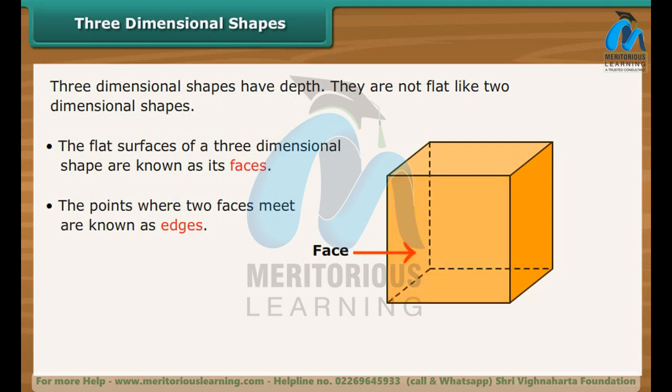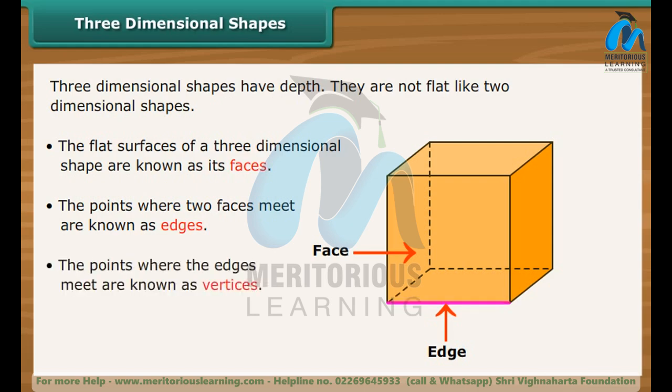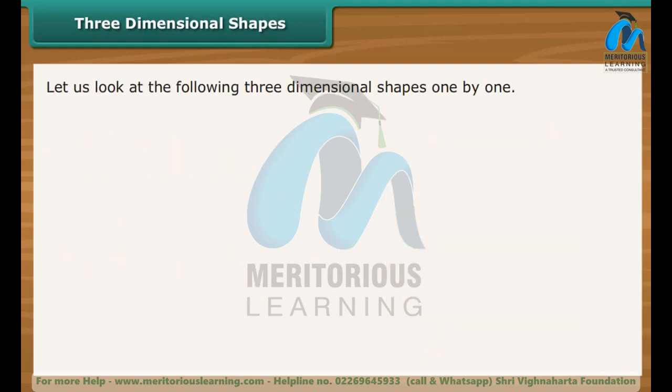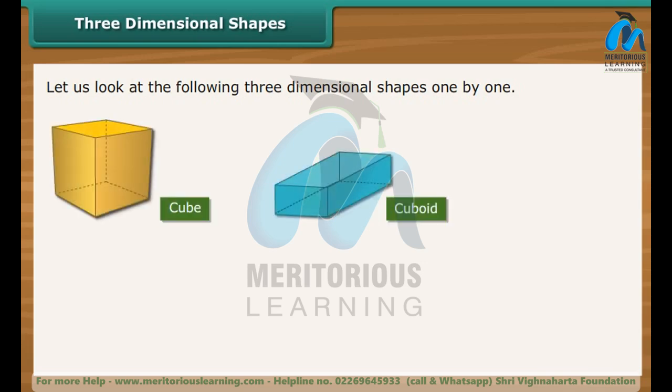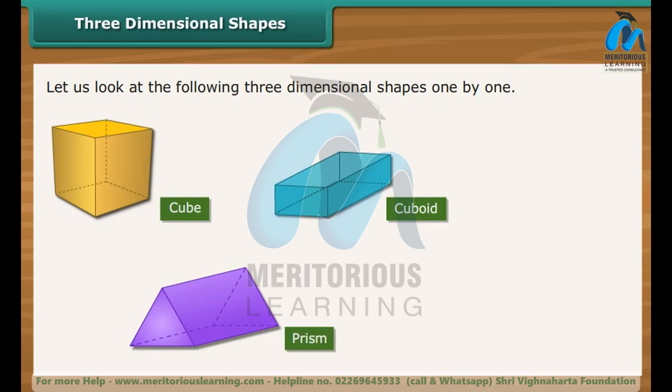The lines where two faces meet are known as edges. The points where the edges meet are known as vertices. Let us look at the following three-dimensional shapes: cube and cuboid, triangular prism, and square pyramid.